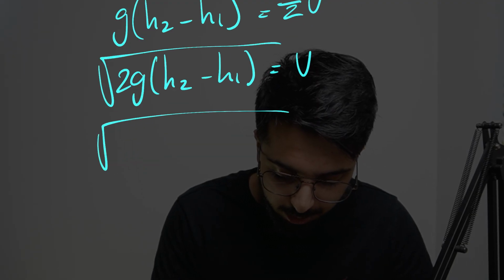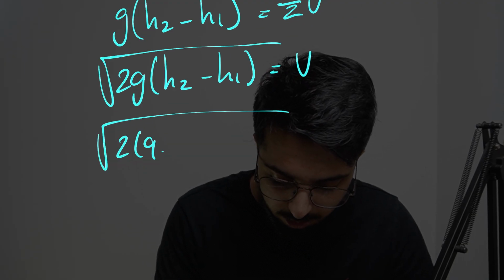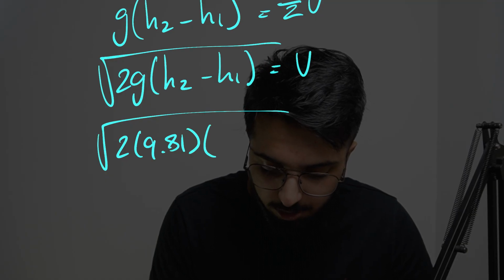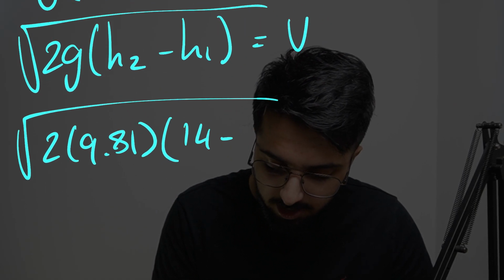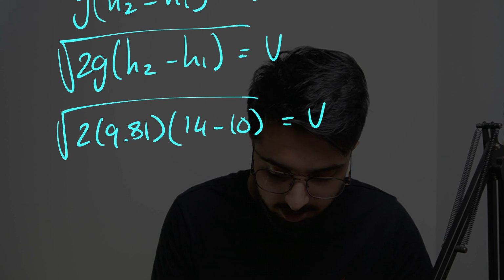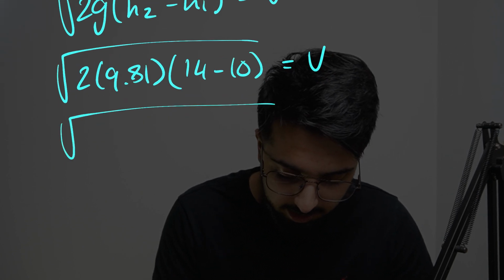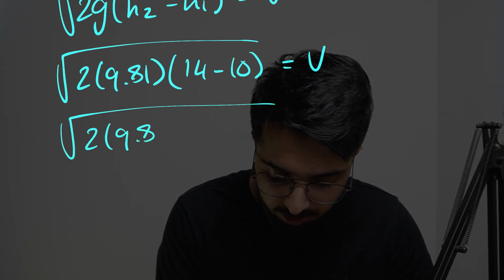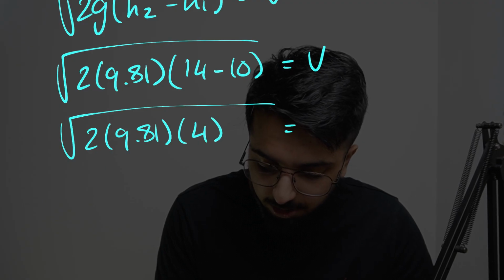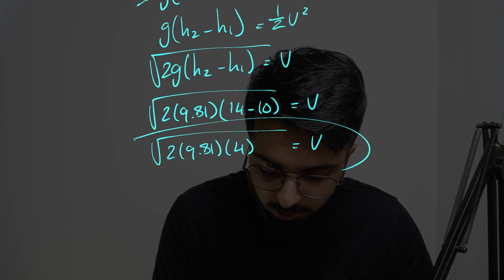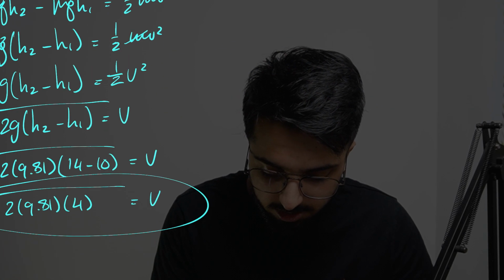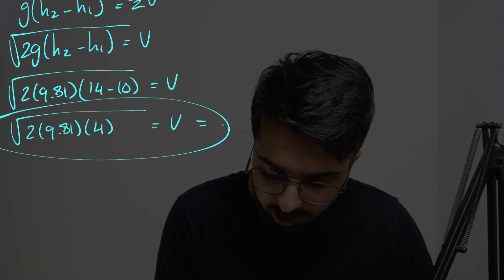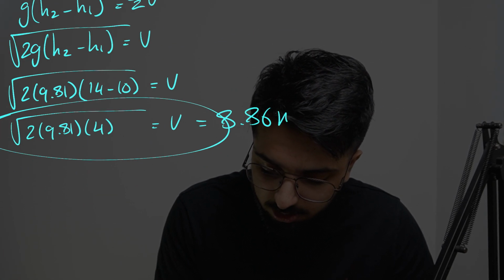Plugging in our numbers: 2 times 9.81 times our h2, which we defined as 14, minus 10 is equal to our velocity squared. Simplifying this, we get 2 times 9.81 times 4, and lo and behold, we have the exact same equation that we have up there. And so this is equal to 8.86 meters per second.